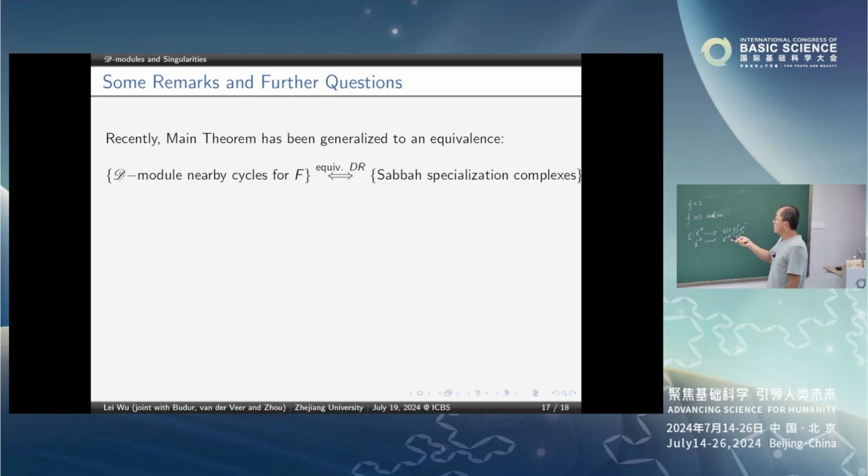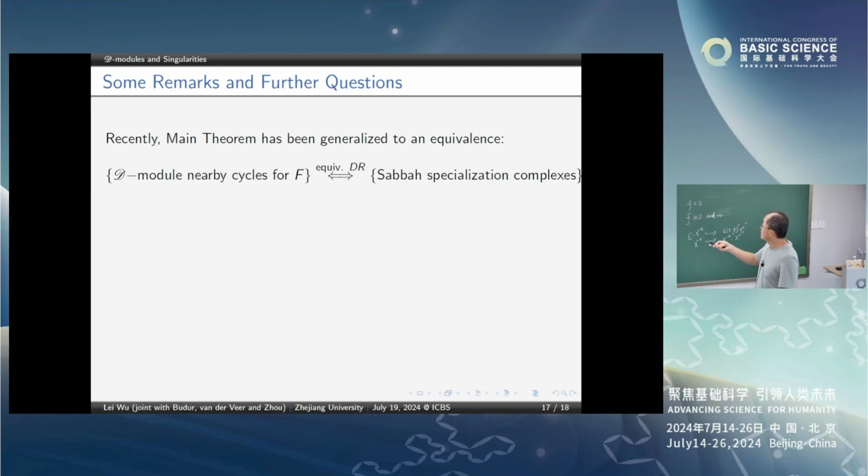Oh actually, the nearby cycles are relative D-modules. So if you have a relative D-module, then it has some relative support, right? So it has support, and this support is exactly the zero locus of BF.